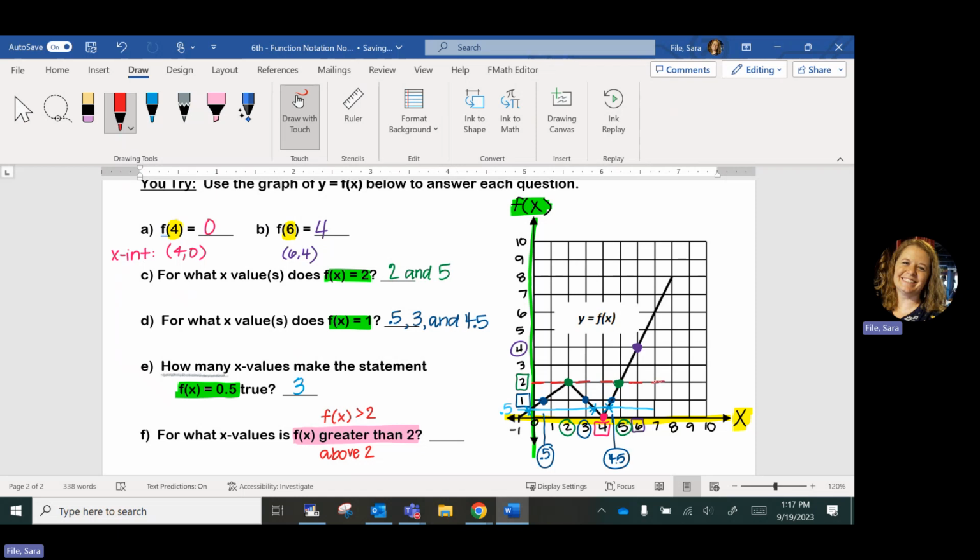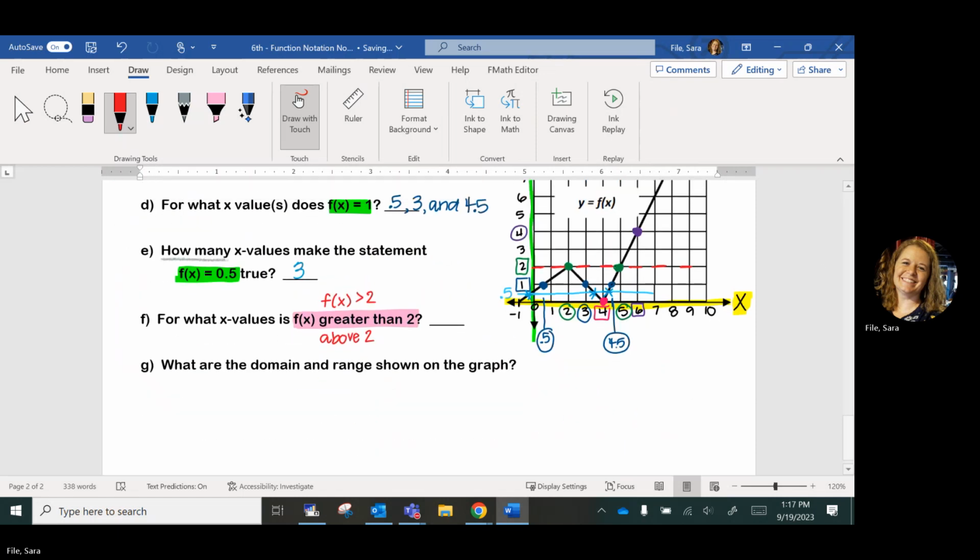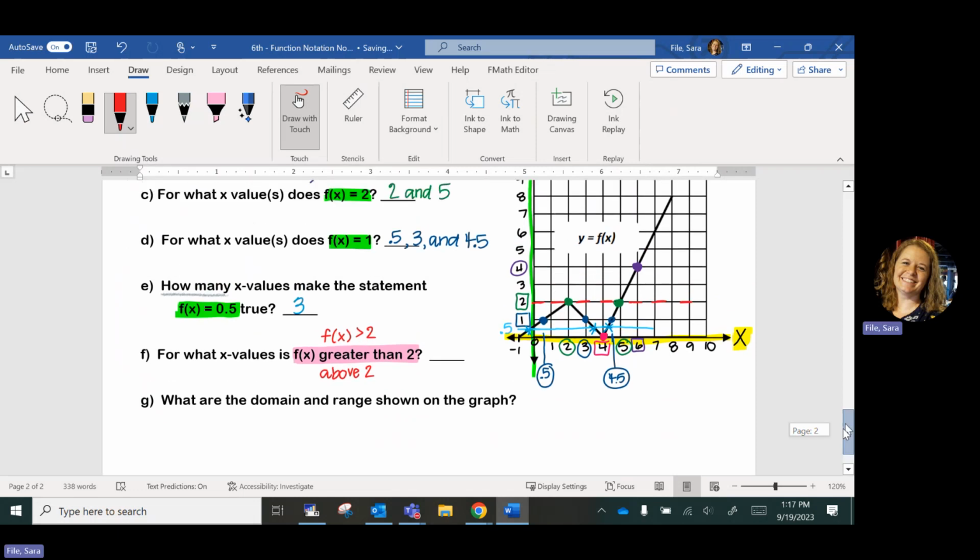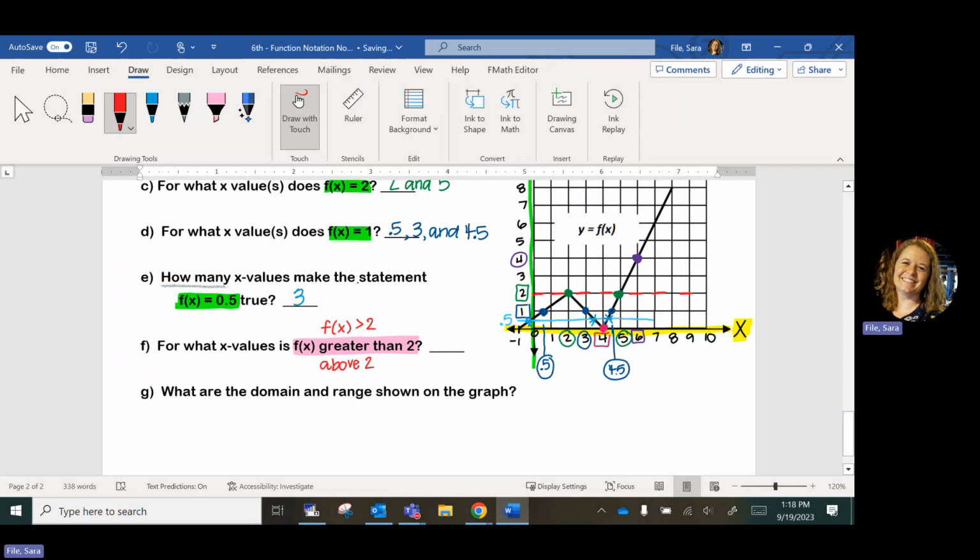And we're looking for where our graph is above that dashed line. Okay, see the top of the graph there. So I'm going to highlight. Here, nowhere is it above that line, is it? It touches the line here, but is that greater than 2?